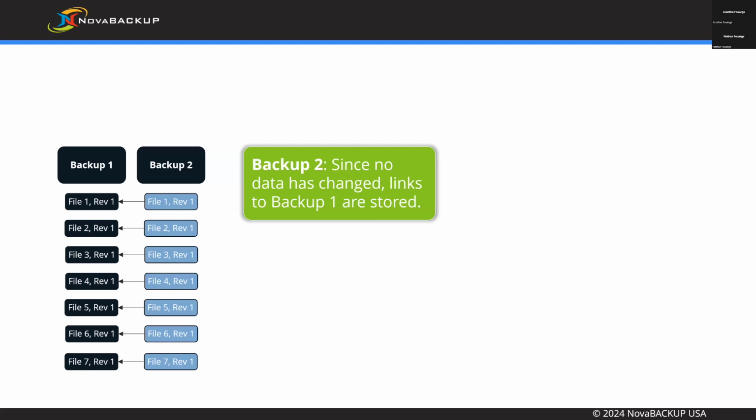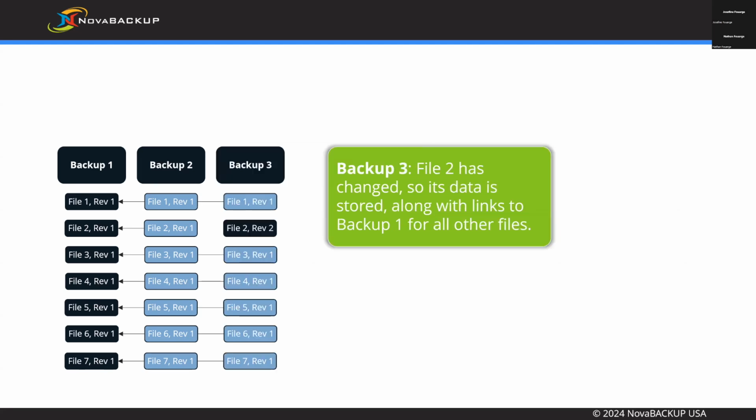Backup 2, nothing changes, so there is no data actually written. It writes basically an index of what backup 2 was and says, hey, I had all 7 files there and they hadn't changed. Backup 3, file 2 had some change, so it backed up that one file, but it still has links to all of the other 6 files. It says, all these other 6 files are still in backup 3.